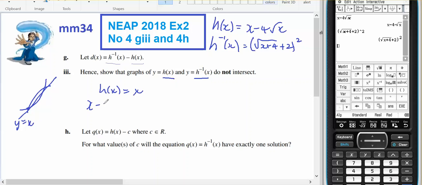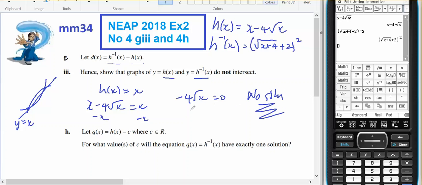So I've got X minus 4 root X equals X. Subtract X from each side. I get minus 4 root X equals 0. Well, that will only exist when X equals 0, but when X equals something else, therefore there's no solution. Therefore, H of X does not intersect y equals X, therefore it does not intersect the inverse either.